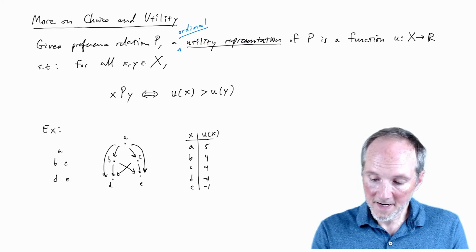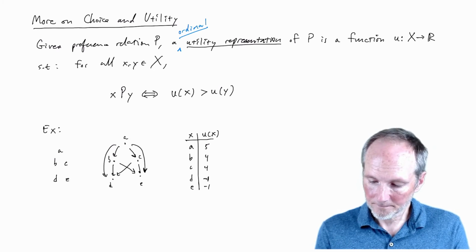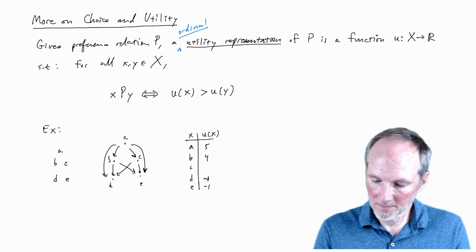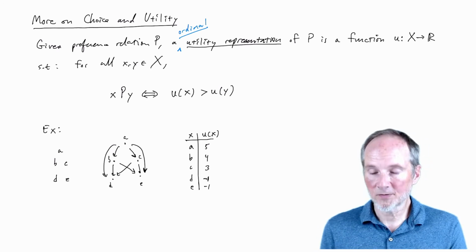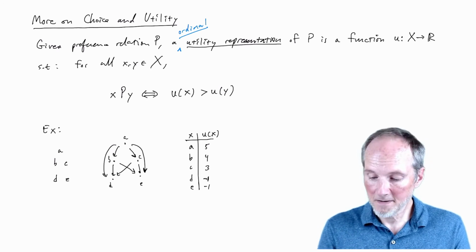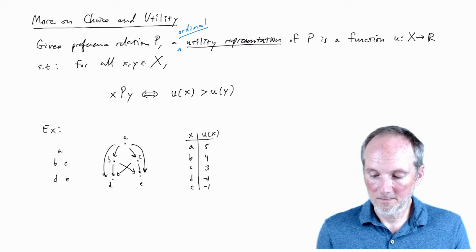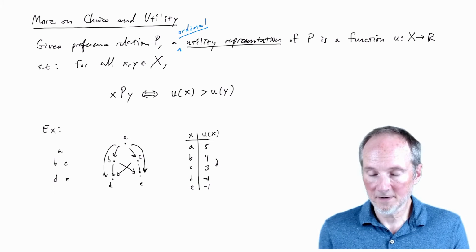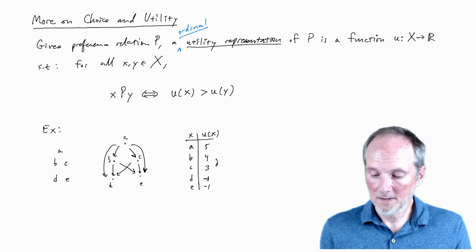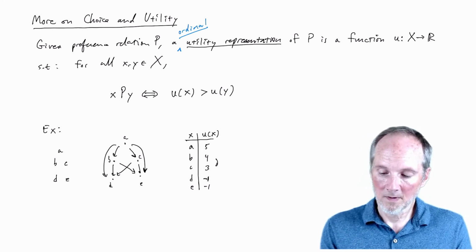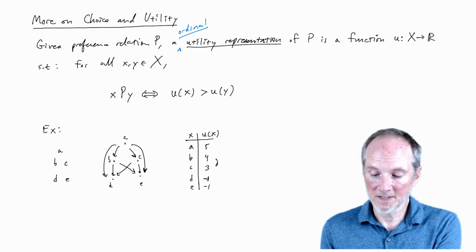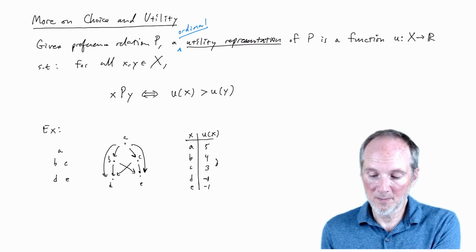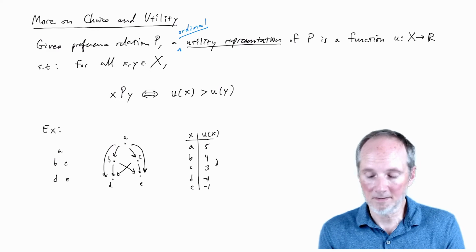If I had put in a 3 though for C, this wouldn't work, right? Because here we have 2 alternatives. One has a higher number than the other. B has a higher number than C. So if this were a utility representation, it would have to be that B is strictly preferred to C, but it's not.